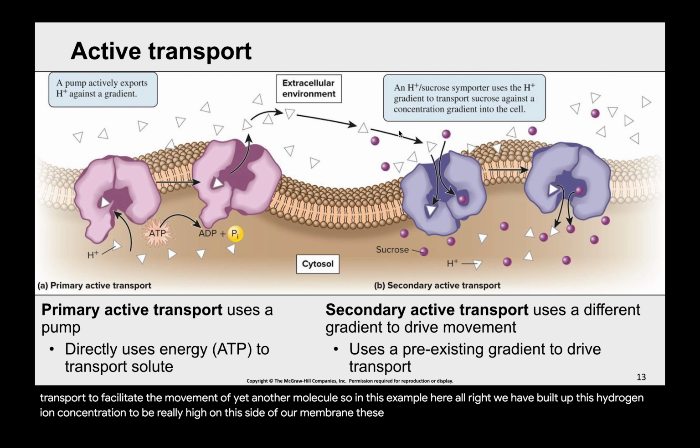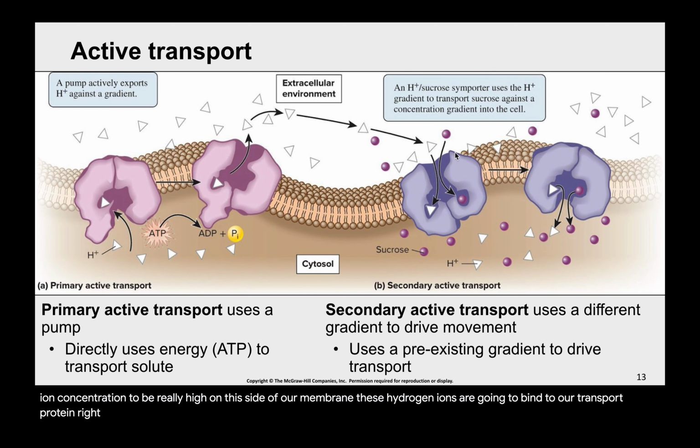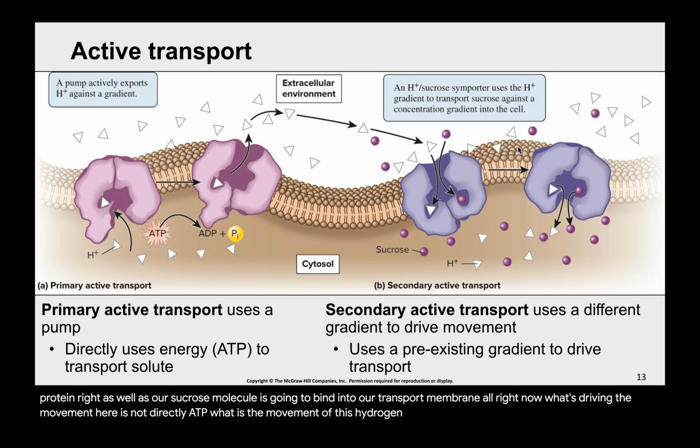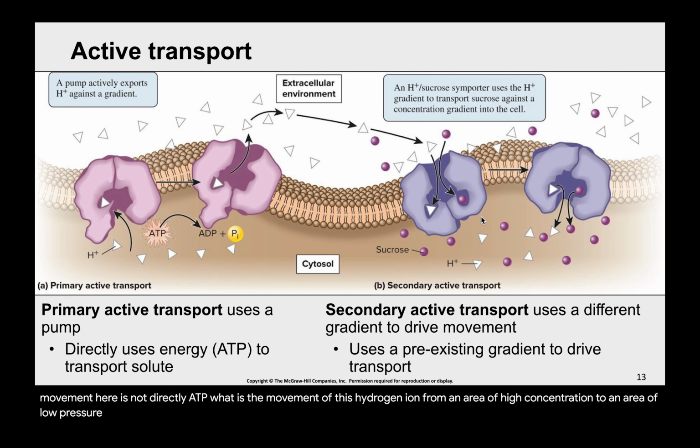These hydrogen ions are going to bind to our transport protein, right? As well as our sucrose molecule is going to bind into our transport membrane, right? Now what's driving the movement here is not directly ATP, but it's the movement of this hydrogen ion from an area of high concentration to an area of low concentration.